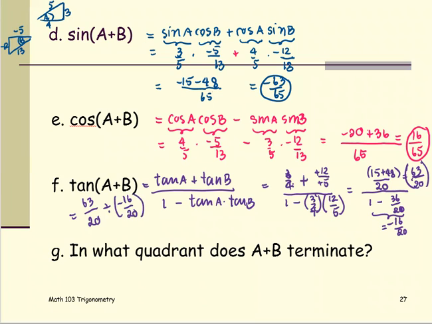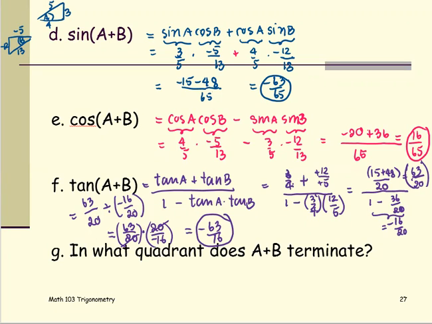When you divide, you can multiply by the reciprocal. Then we get 63 over 20 multiplied by 20 divided by negative 16. And then 20 and 20 can be reduced. The number is simplified to negative 63 over 16 as the exact value of the tangent of A plus B.